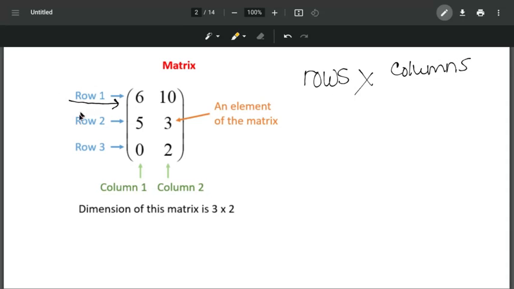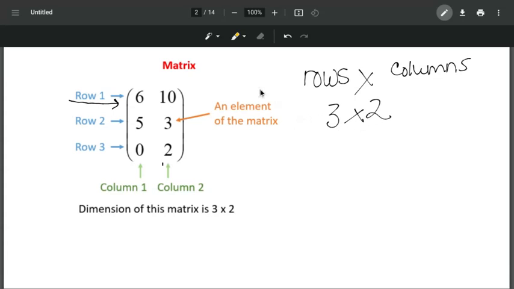So this matrix has 1, 2, 3 rows and 1, 2 columns. So I would refer to this matrix as a 3 by 2 matrix because it has 3 rows and 2 columns.